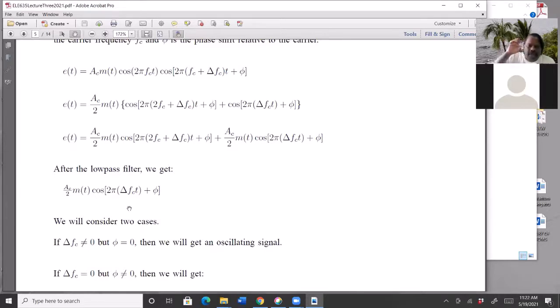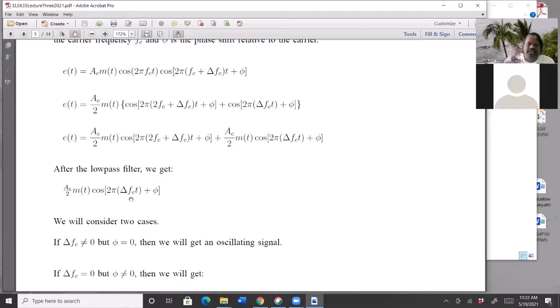But how that oscillation is heard by the human ear will depend on how big the delta Fc is. If we have time, we will discuss that next time. For example, if this delta Fc is like 2 hertz, not 2 kilohertz, 2 hertz, then you will really hear a change in the volume.